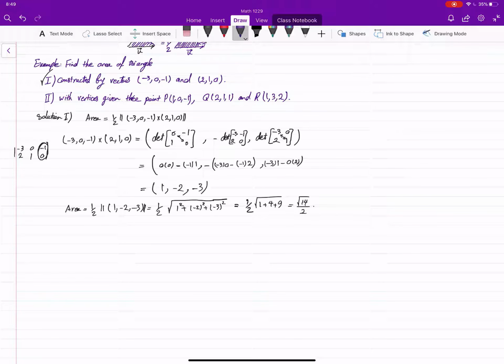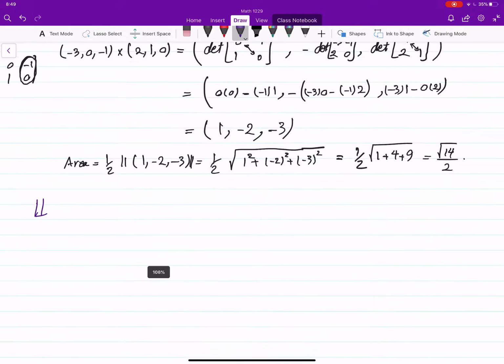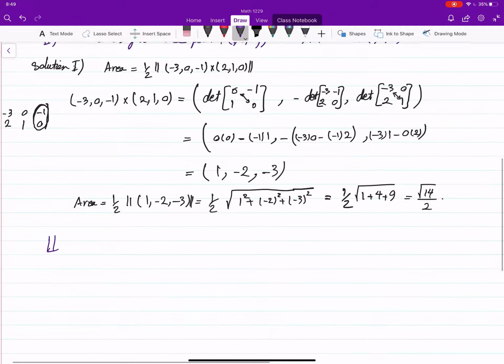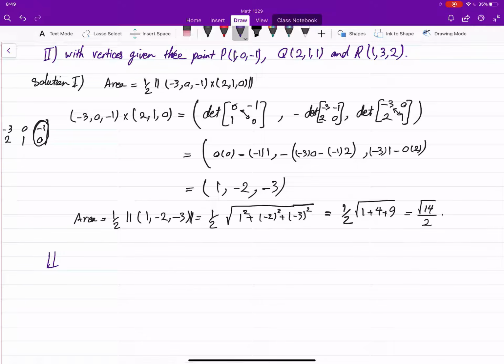How about part 2? In part 2, we don't have two vectors. Instead, we have 3 points, which makes sense, yes, because a triangle can be given by its vertices.